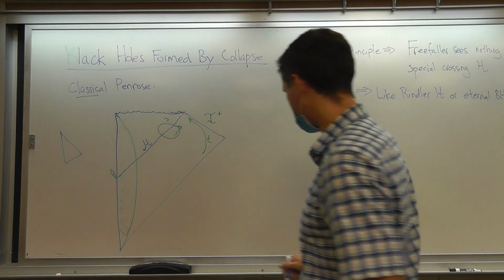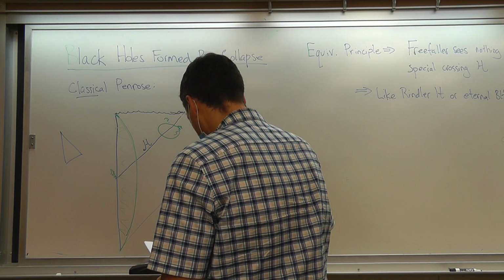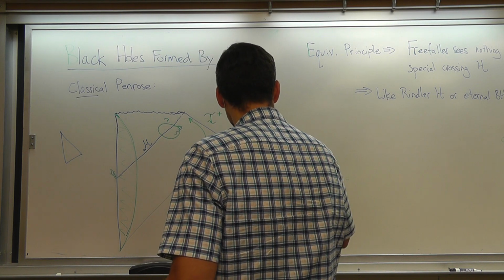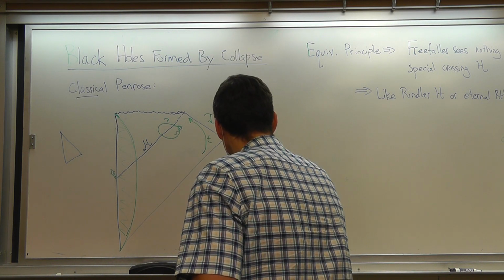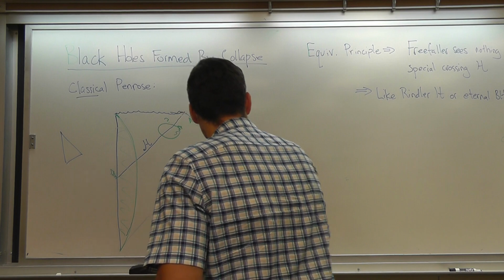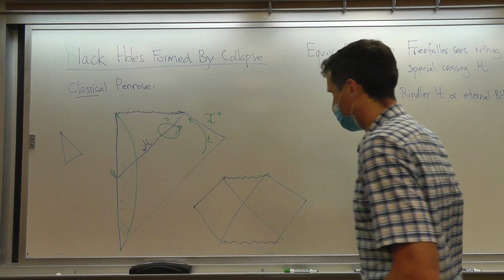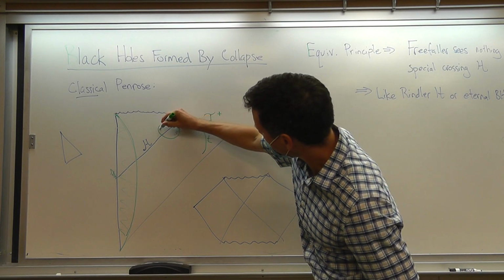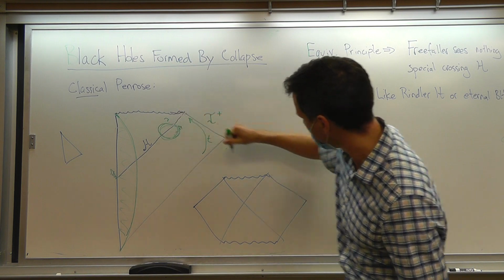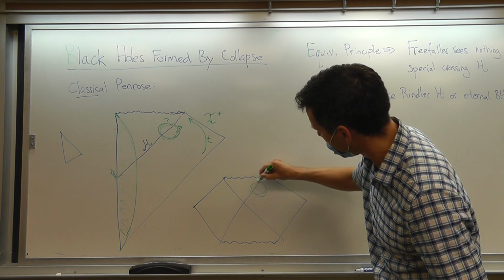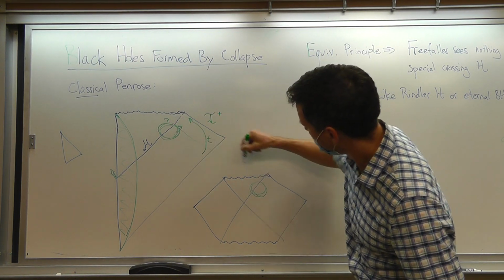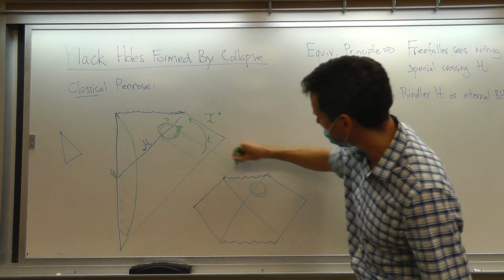So if I draw another picture on here of the eternal black hole, then what I'm saying is that the quantum state of the fields in this region here has to be the same as the quantum state of the fields in this region here.